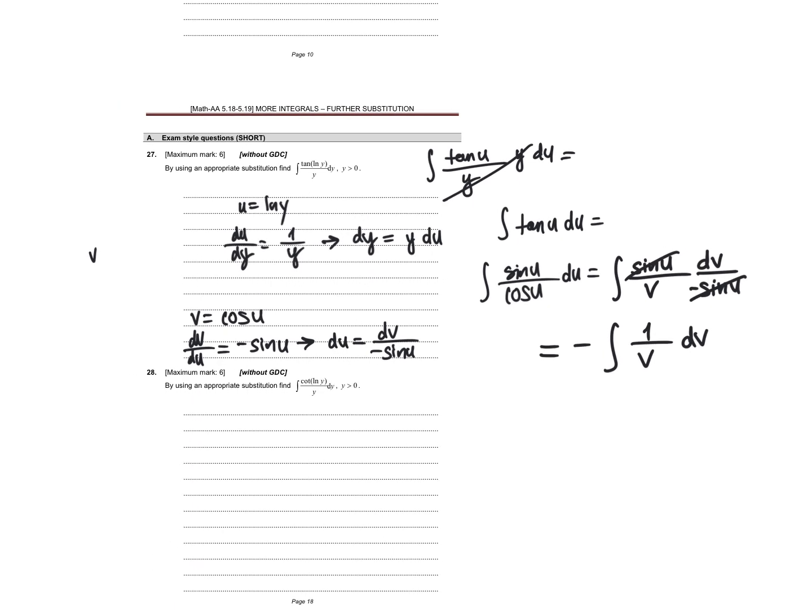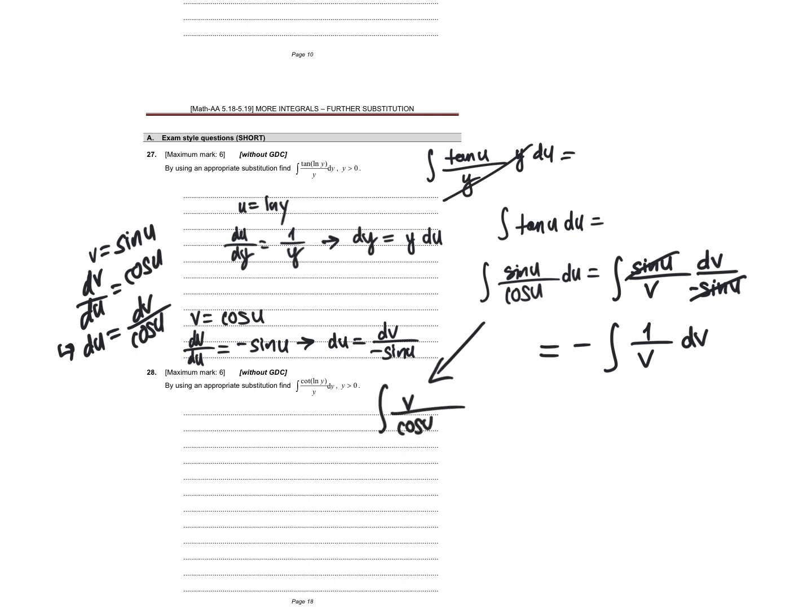But if I would have made, instead of v being cosine, if I would have made v sine, then dv du is cosine u, which means that du is dv over cosine u, which would have been v over cosine u dv over cosine u.